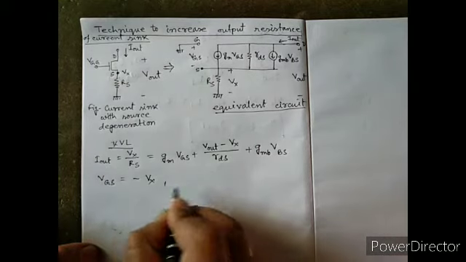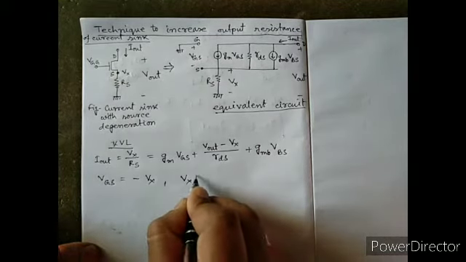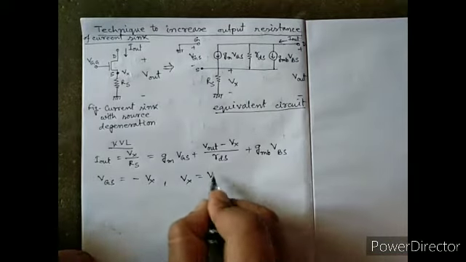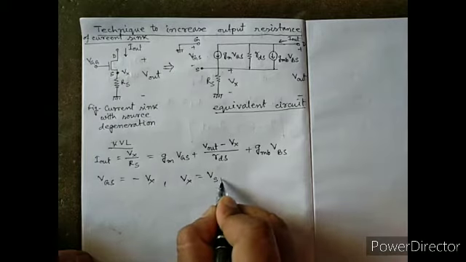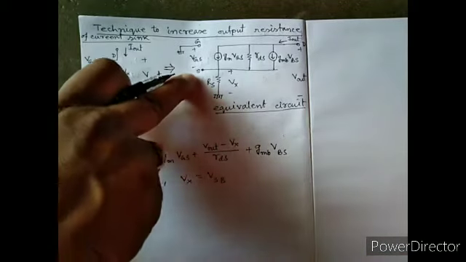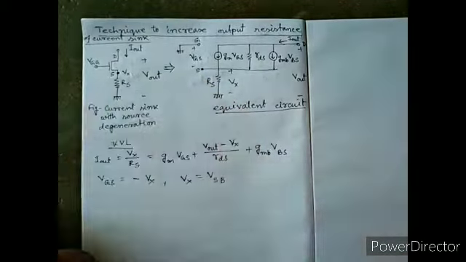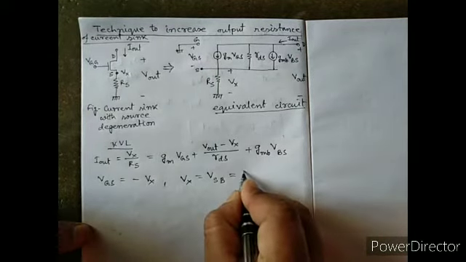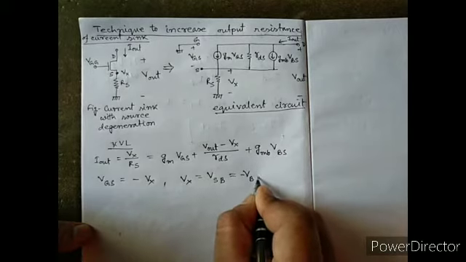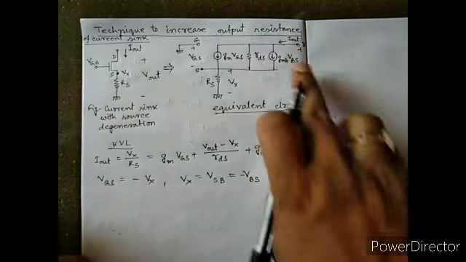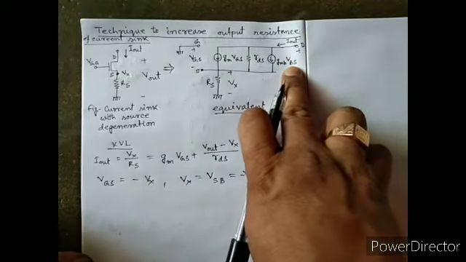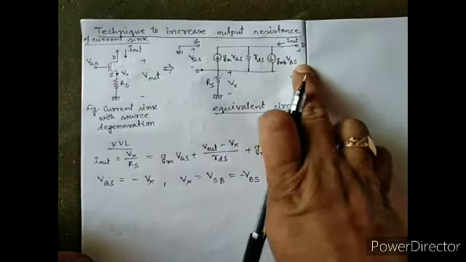Now also, VBS is the potential difference between body and source.